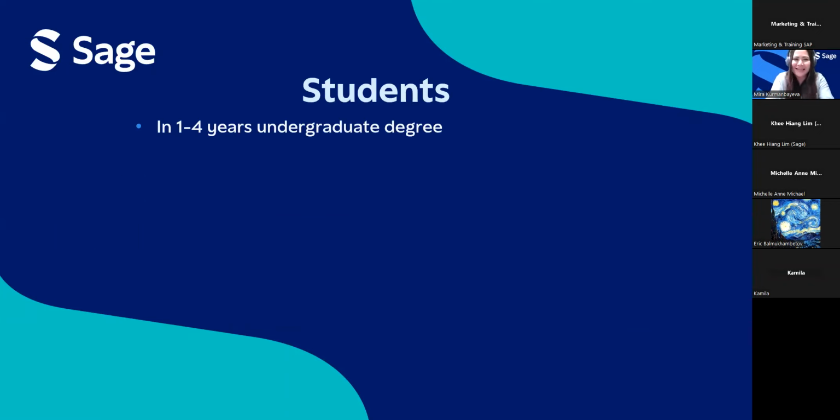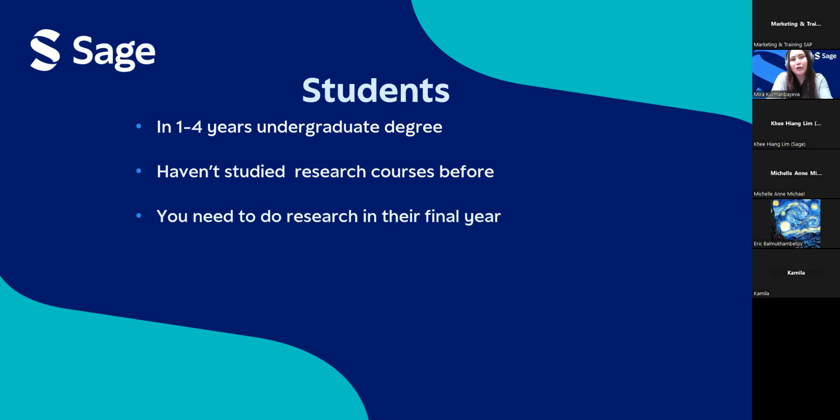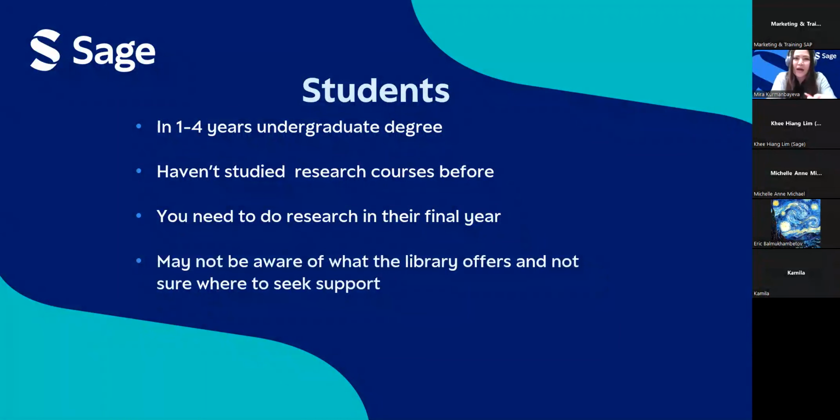So, like I said, if you are a student, perhaps you are in a one to four year undergraduate degree. It could be that you haven't studied research courses before, and you're not really sure where to start and where to go. Eventually, you will have to do your research in the final year, and you will have to come through that at some point in your studies.